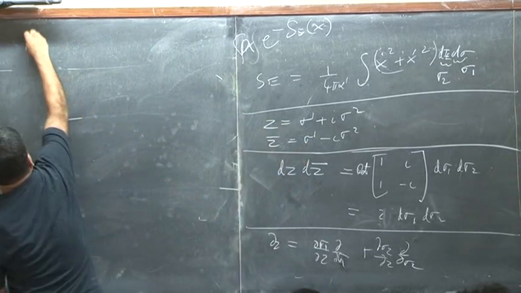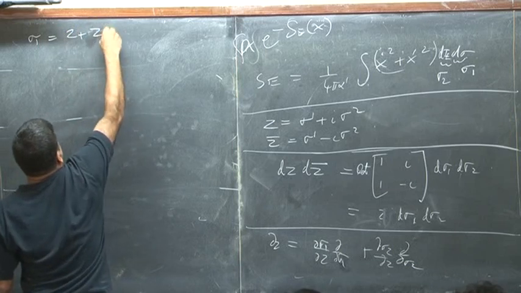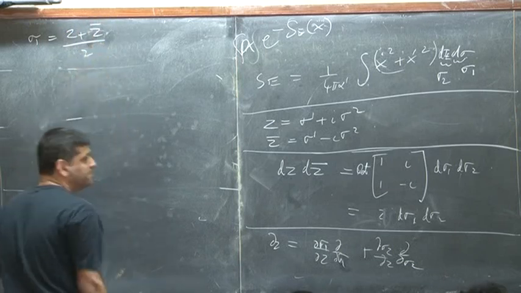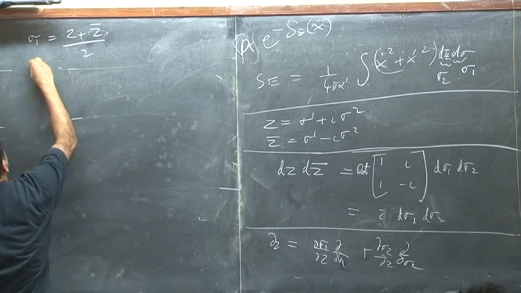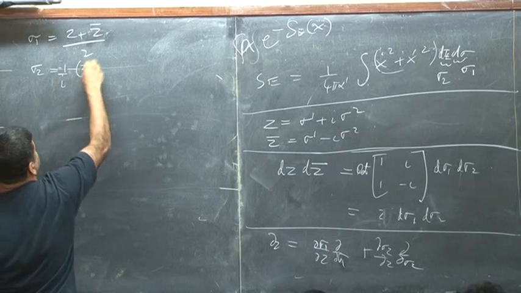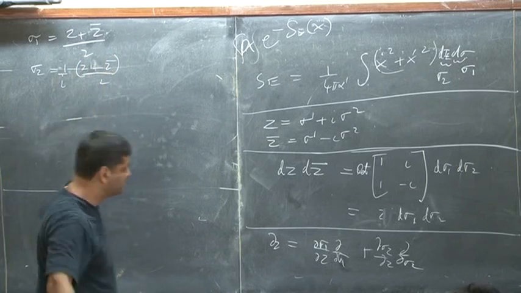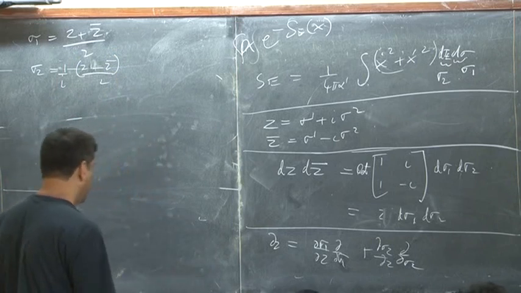Now sigma 1 was equal to z plus z bar by 2, whereas sigma 2 is equal to 1 by i times z minus z bar by 2. Okay?